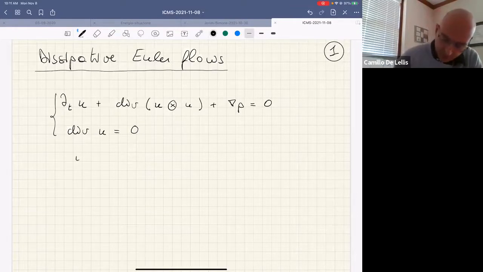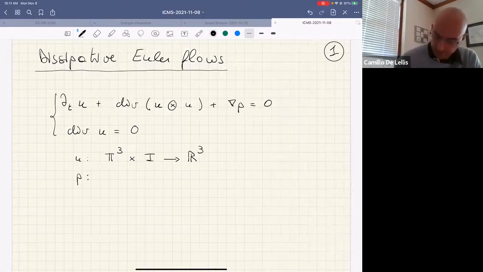The unknowns u in this talk are always going to be periodic functions on the three-dimensional torus, defined on a time interval. So u is the function which gives you the velocity of an incompressible ideal fluid at the point x at time t, and p is a scalar, the hydrodynamic pressure.